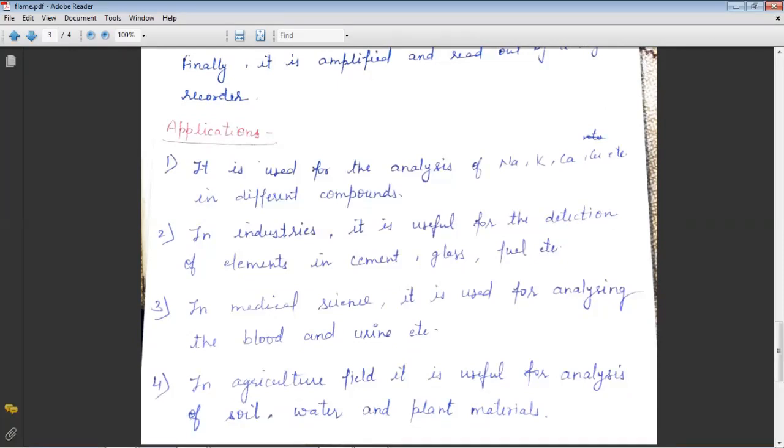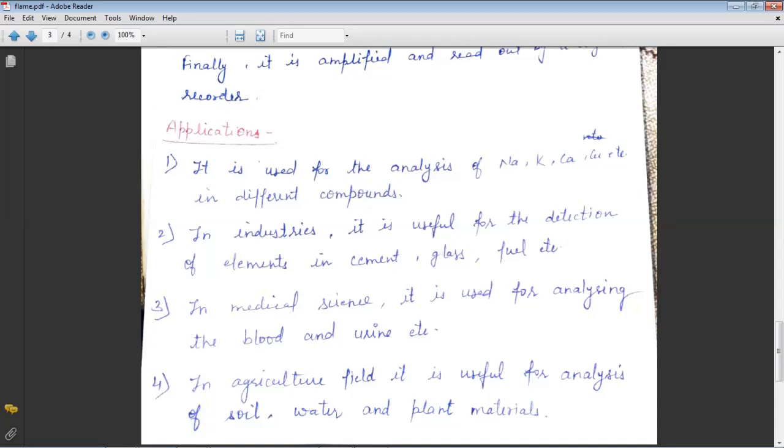Then barium, 544 is the emission wavelength and the flame color is lime green. If we take the example of calcium, the emission wavelength is 662 and the flame color is orange.